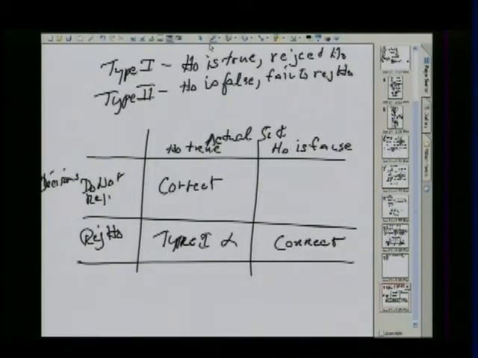Okay, type 2 error occurs up in this cell. And that's called beta: the null is false and we fail to reject it. Okay, so those are the 2 types of errors that we can commit. And again, we just need to pretty much memorize that because there's no real way to tell you other than that. But these are the definitions for those 2 approaches.